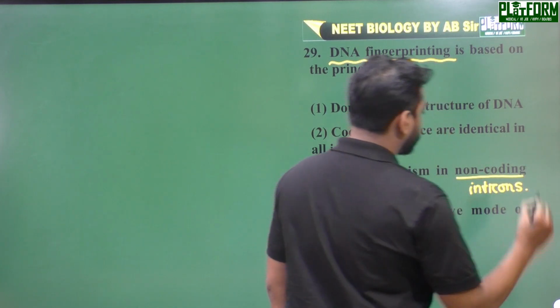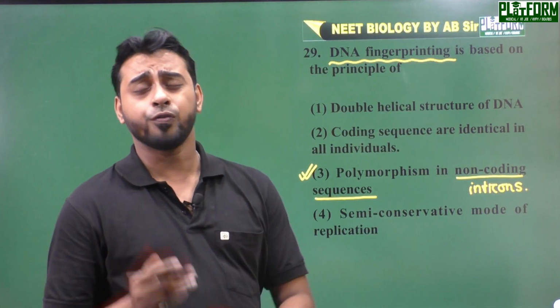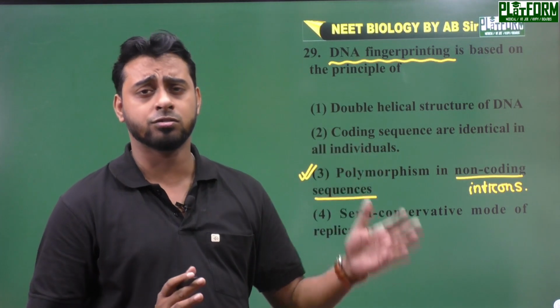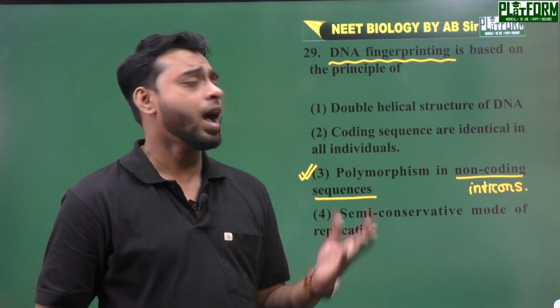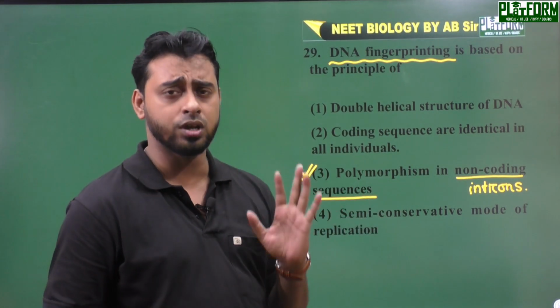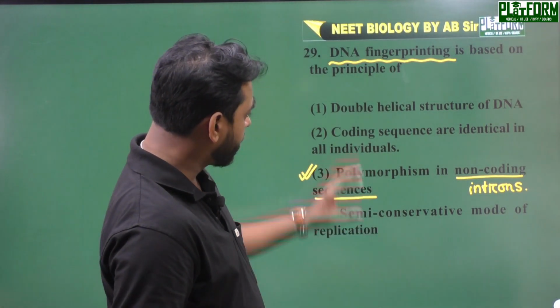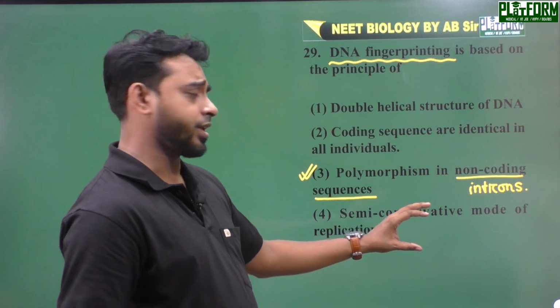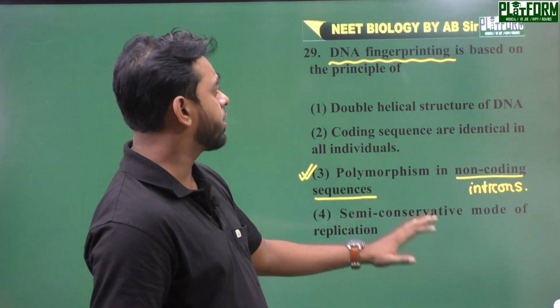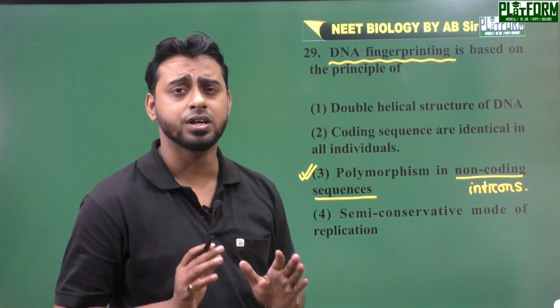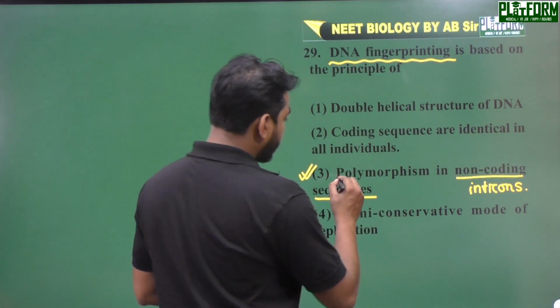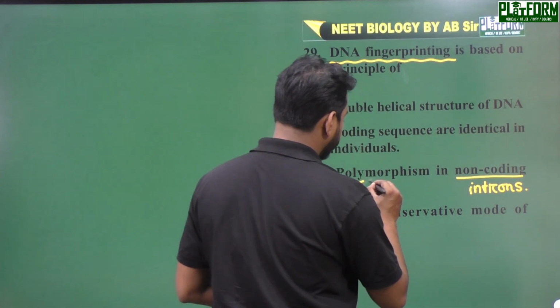We know that the genome is made up of two portions. One is an exon, another one is an intron. The exon is a coding part and the introns are the non-coding part. Fine. So, the non-coding sequence is responsible for this particular DNA fingerprinting technique. Now, what is the meaning of the polymorphism?